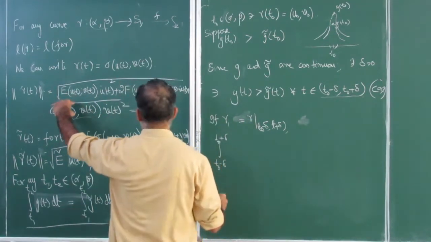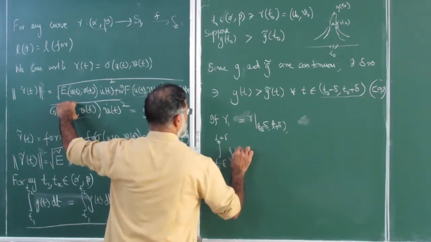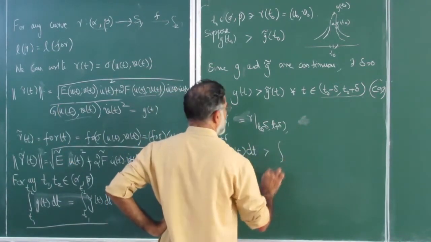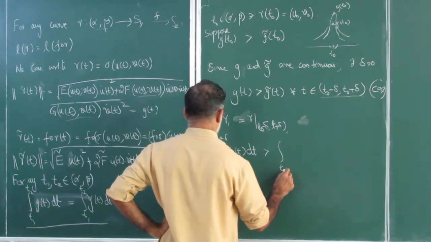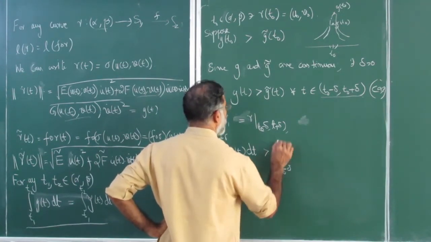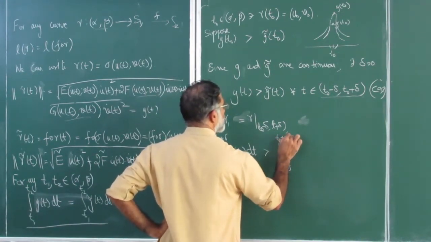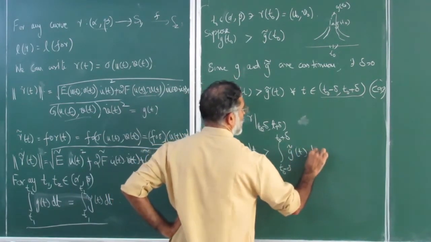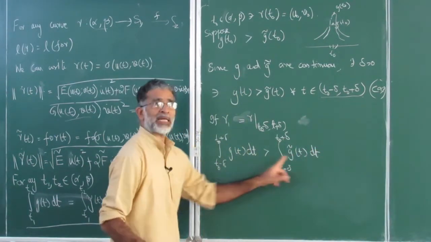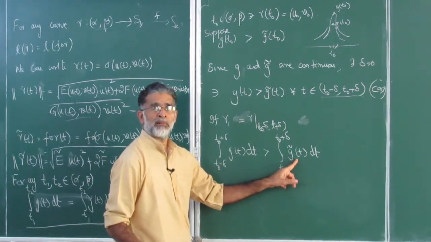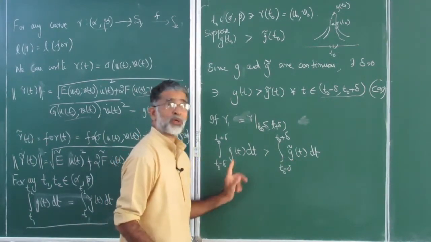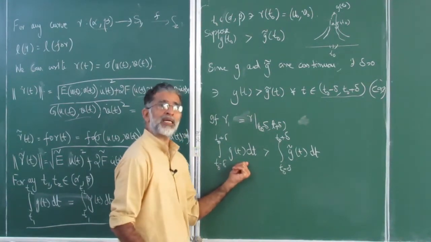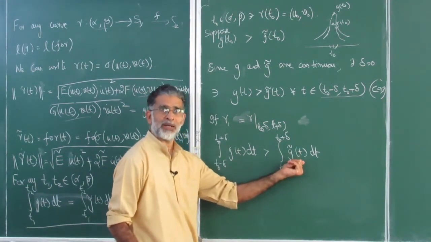That is going to be strictly greater than the integral from t0 minus delta to t0 plus delta of g tilde t dt, because g t is greater than g tilde t and they are all positive. So therefore this integral is going to be greater than that integral.